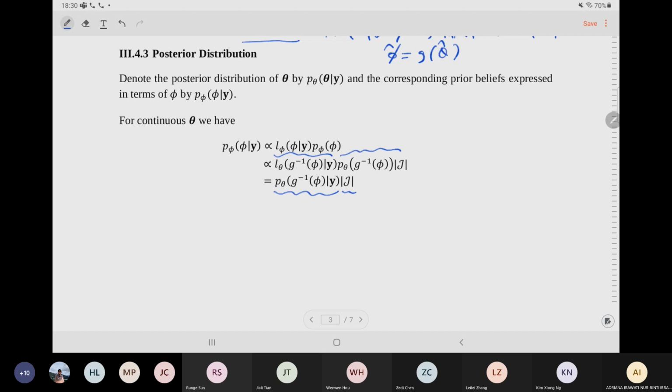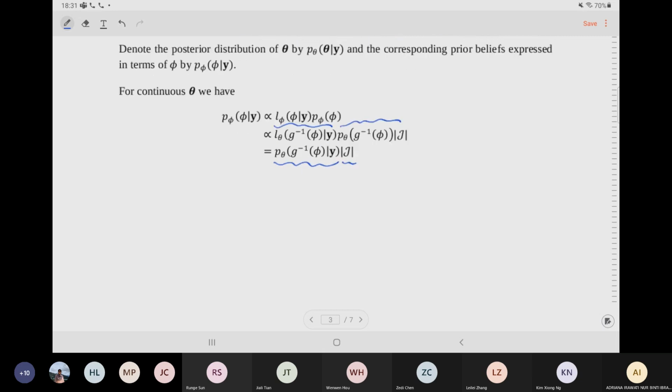You just put in the function, and usually the prior is simple, so transforming the prior is actually simple. That's why sometimes you can do it separately, or you can find the posterior and then do the transformation on the posterior itself.